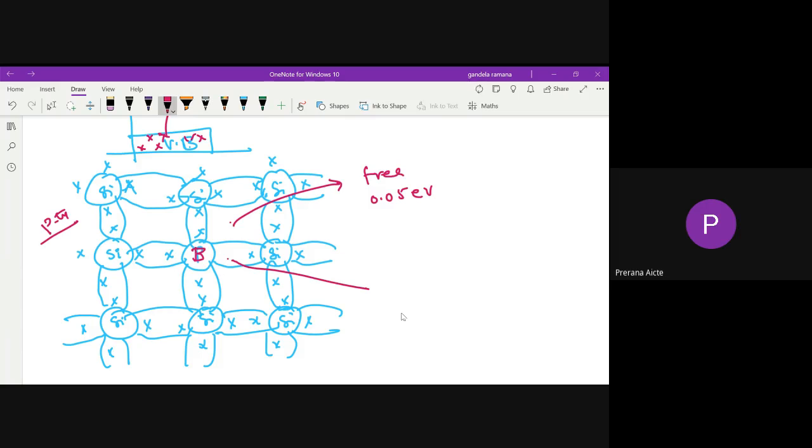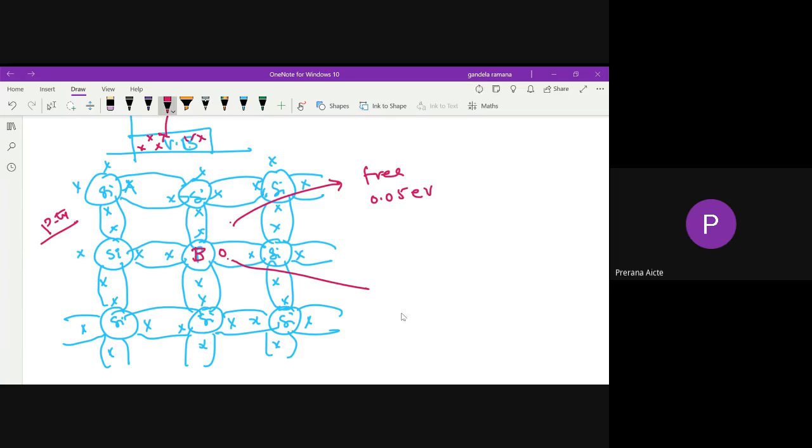Here the outermost shell has three electrons, so there is already some vacancy. It is ready to accept an electron. Before, it was ready to give an electron, so that is called a donor. This is called an acceptor.